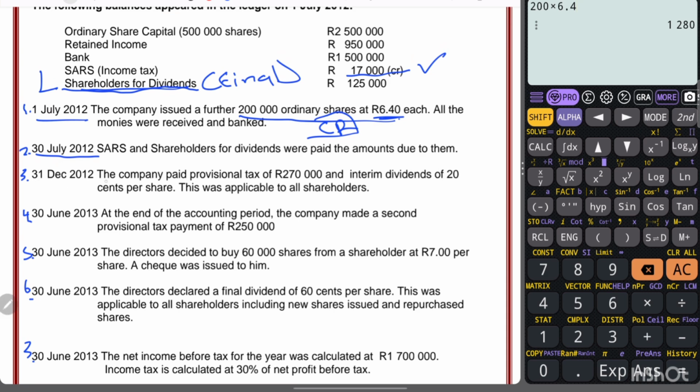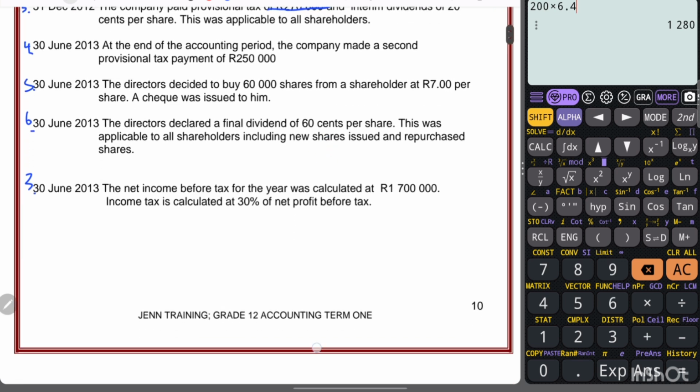On 31 December 2012, the company paid a provisional tax of 270,000 and an interim dividend of 20 cents per share. This was applicable to all shareholders. Now, we are paying our first provisional payment for SARS.